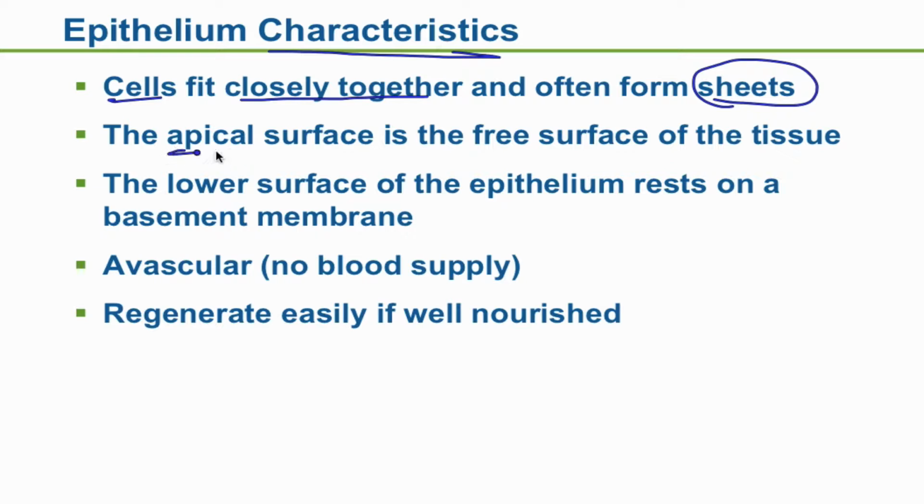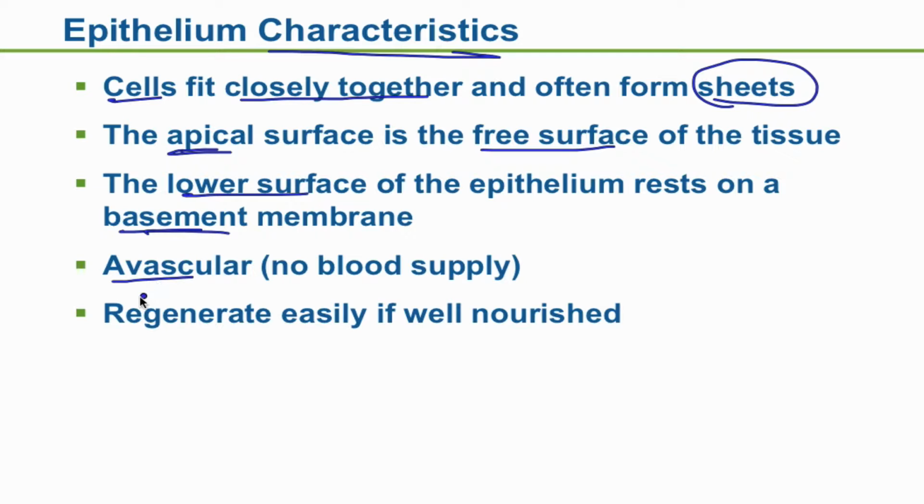Okay, in addition, the apical surface is the free surface of tissue, and there's a diagram of that in the next slide, so I'm going to wait to define that until a little bit from now. So the apical surface is a free surface. The lower surface is the basement. So apical, free surface, lower surface is the basement.